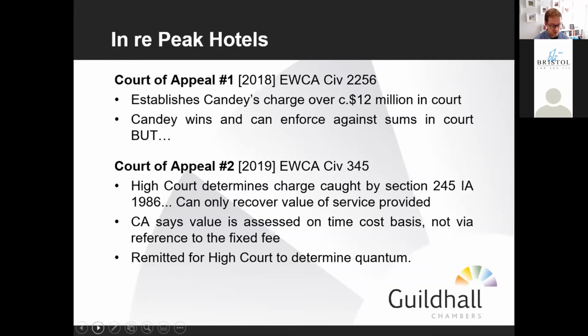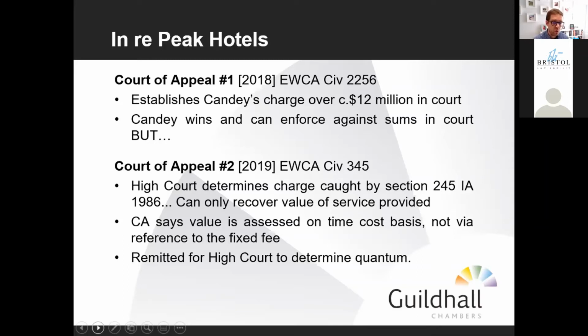And you can see why the liquidators went after the charges in this case, because Candy was saying they had a charge over £12 million to satisfy the money owed to them, whereas the liquidators were saying, well, hang on a second, you've done nominal work after that charging agreement was entered into, because you entered into the charge just before liquidation and settled just after liquidation. You've not done best part of £4 million worth of work. Why should you get first dibs on £4 million?